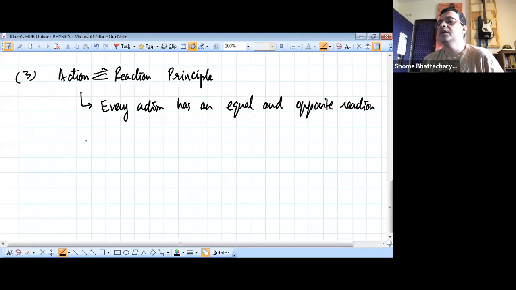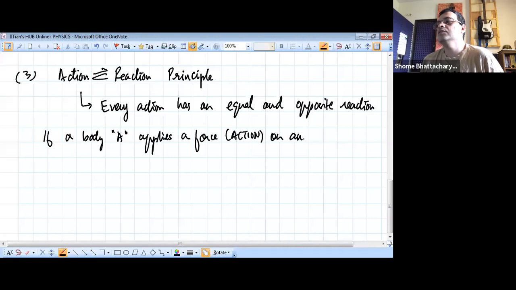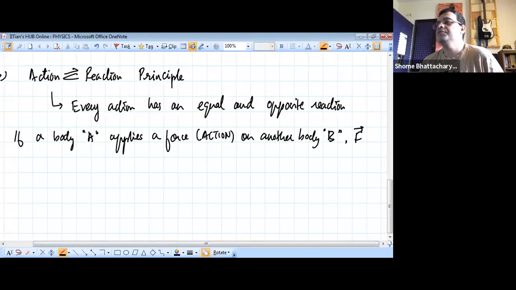So what this means properly is that, if a body, let's say A, applies a force, which we are calling action, on another body B, denoted by F B comma A. So this is the force which A is applying on B.